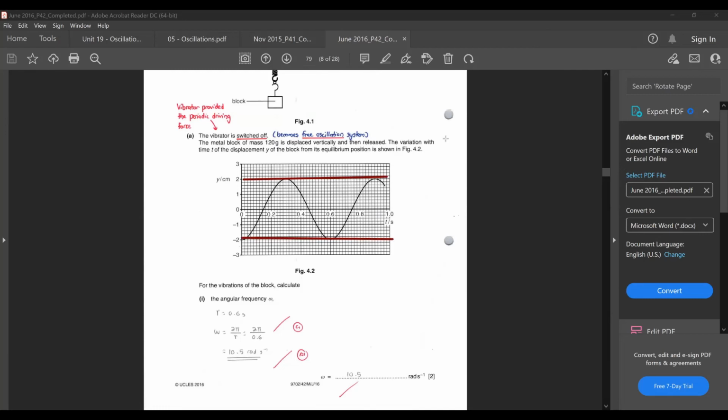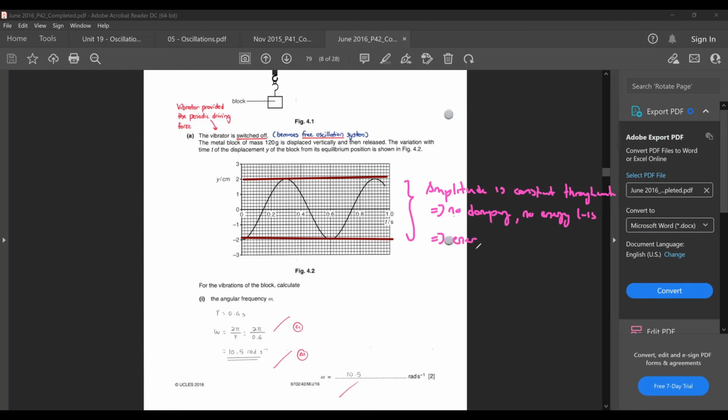You can see that the amplitude is constant throughout. So this means there's no damping, no energy loss.